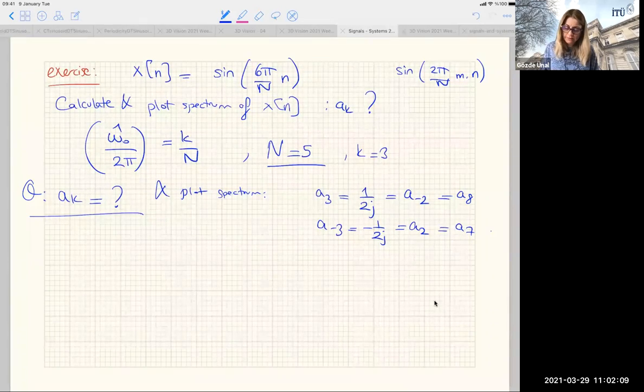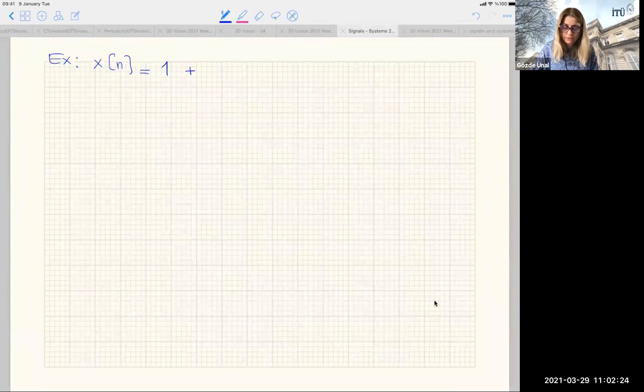Here is one more example. This could also go as an exercise. Let me write the example. We start with it. I think it will be easy for you to complete this. This time you see a constant term, which is a_0. You guys know this already.